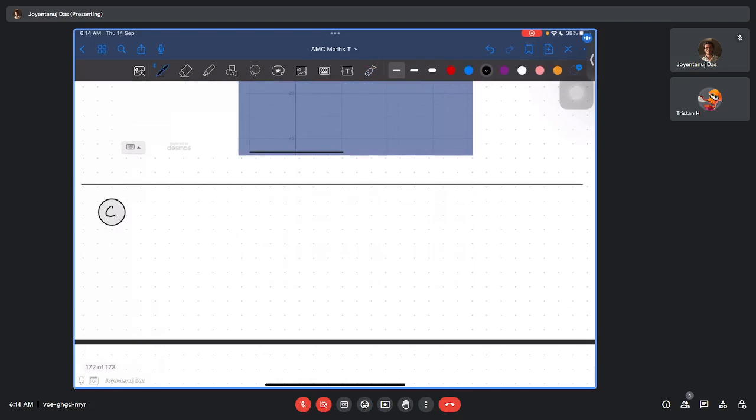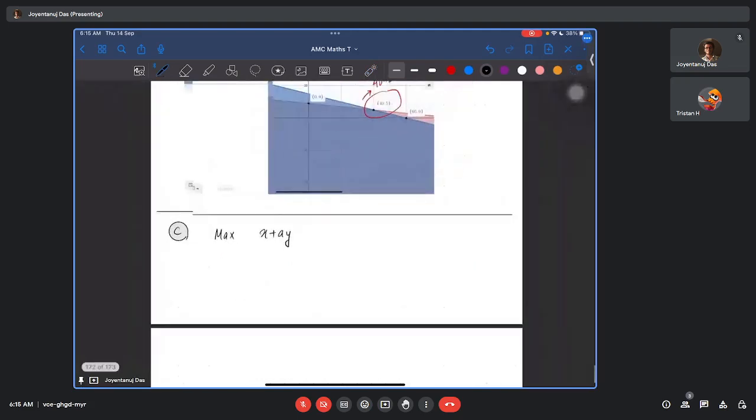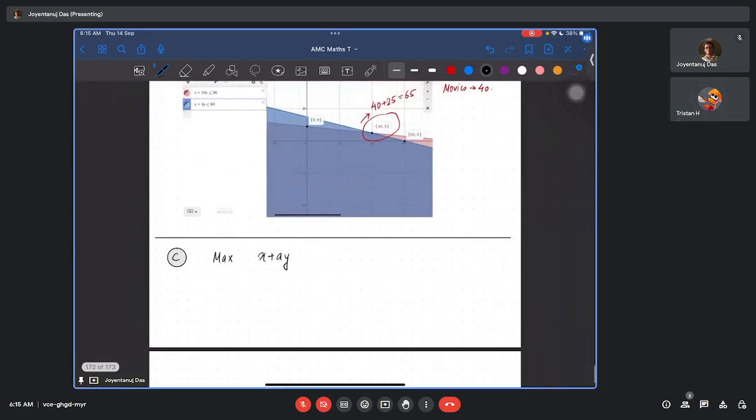Now our objective function is to maximize x plus a·y, where I have to find the minimum a. I know the maximum should be attained at (0, 9), that you told. That is fine. So this will be 9a.